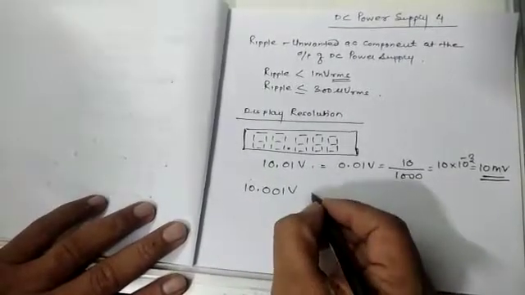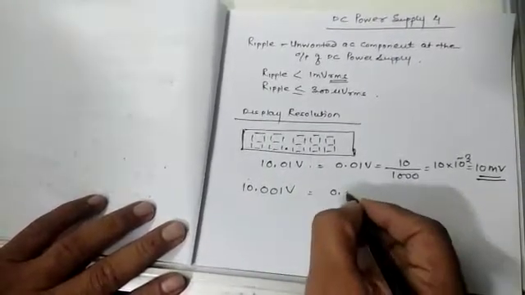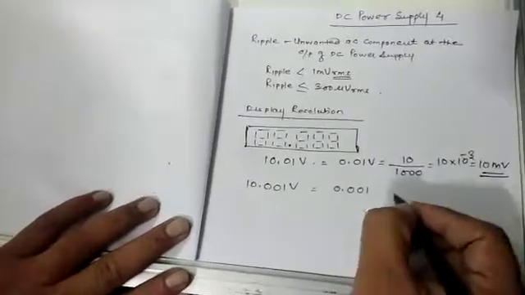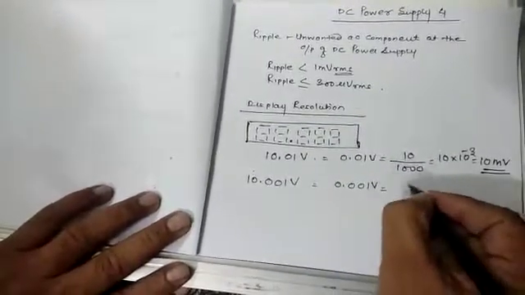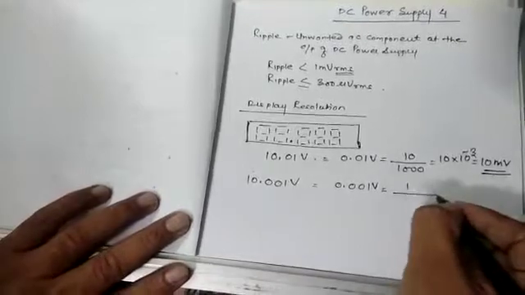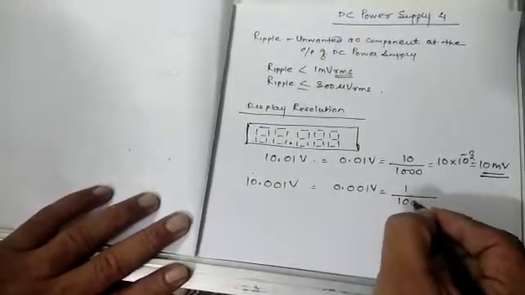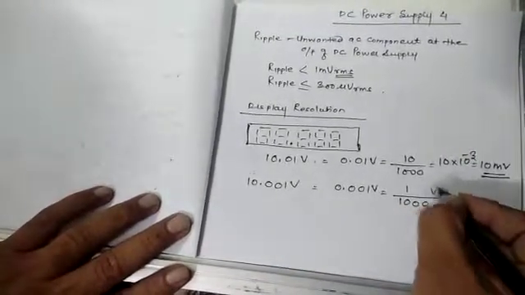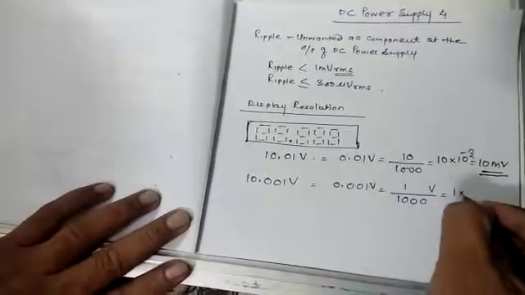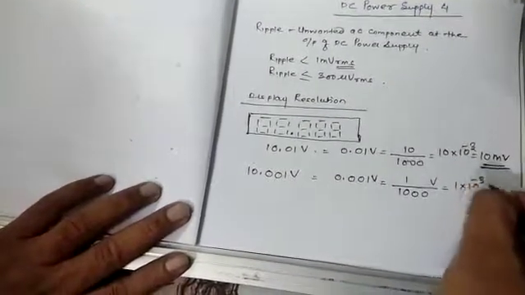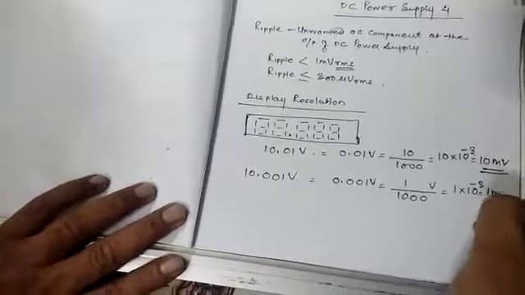now in this case I can set the output voltage to 10.001 volts. That means 0.001 volt equals 1 divided by 1000 volts. That means it is 1 into 10 raised to the power minus 3, which equals 1 millivolt.